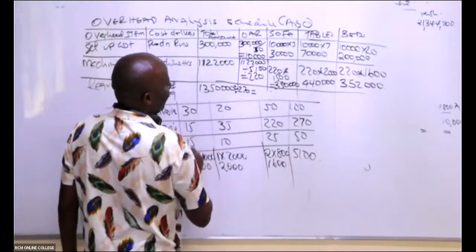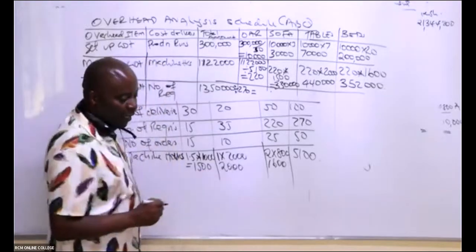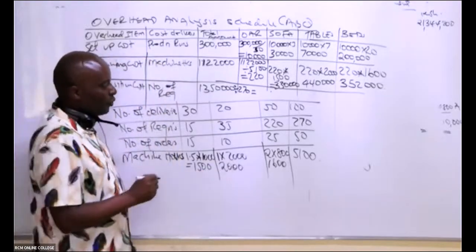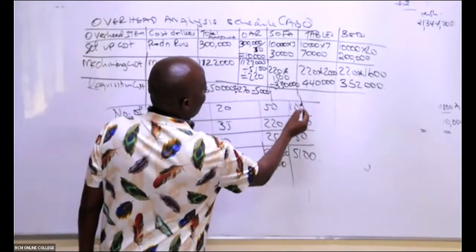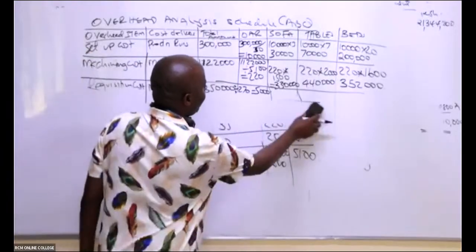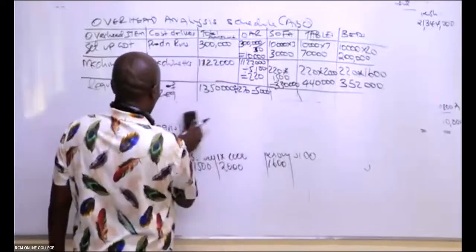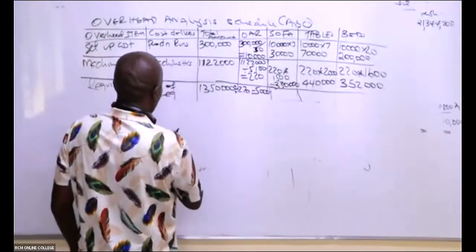Do you have an answer? 5,000. Thank you so much. So it is this 5,000 that you shall work with now.